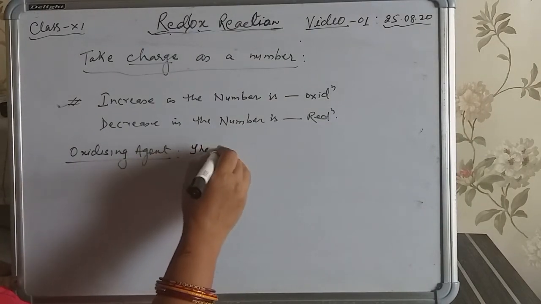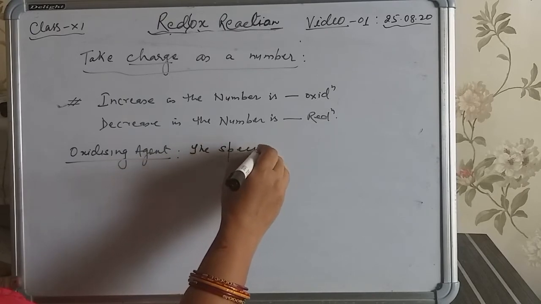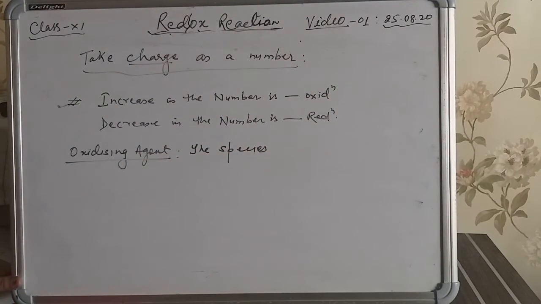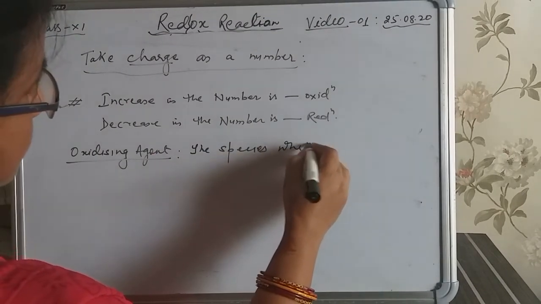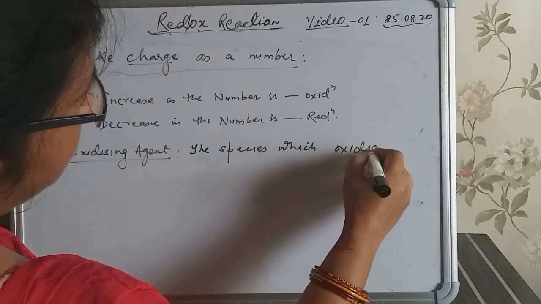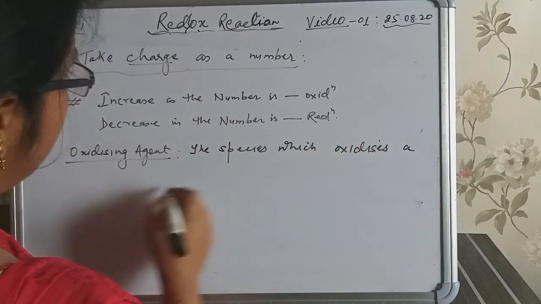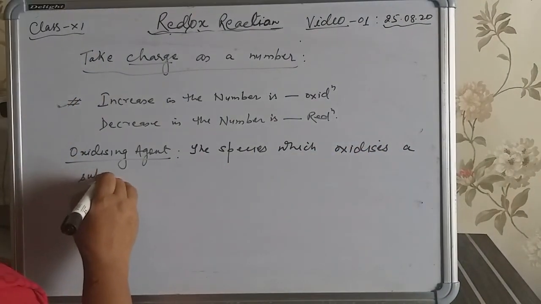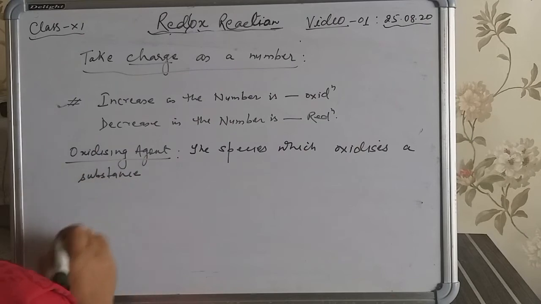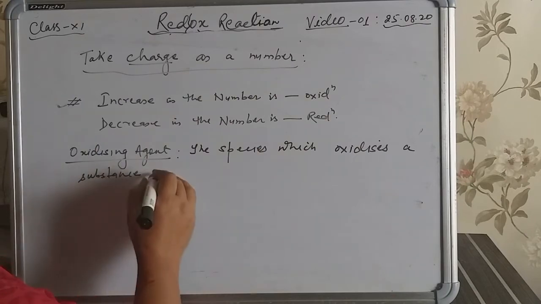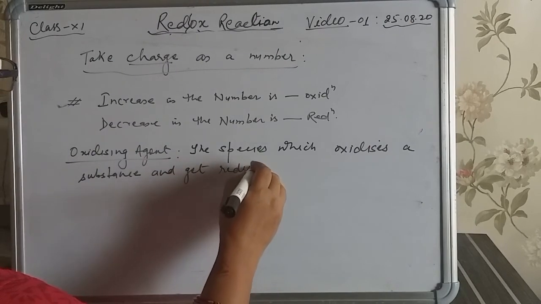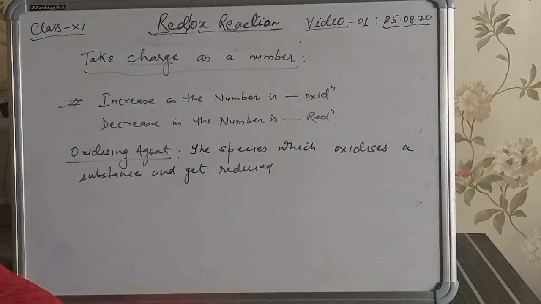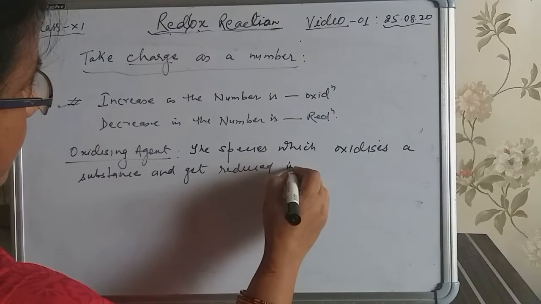The species which oxidizes a substance and gets reduced is called an oxidizing agent.